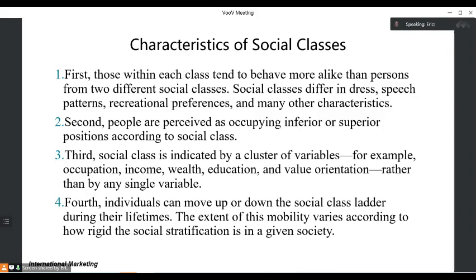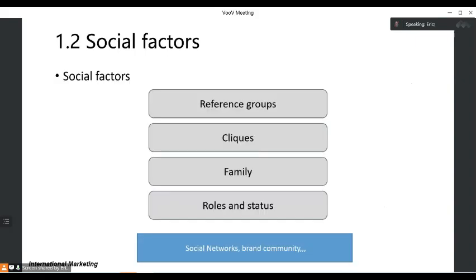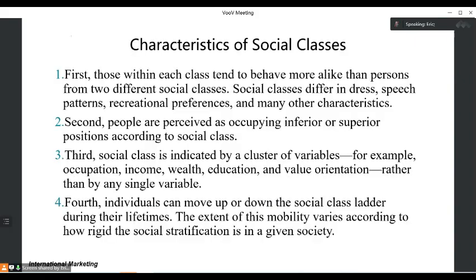Of course, about these characteristics, we knew that as marketers, as a company, we should pay attention to our product and our service. We should associate our product and our brand with these different social classes. We cannot do the wrong thing. This is about culture.